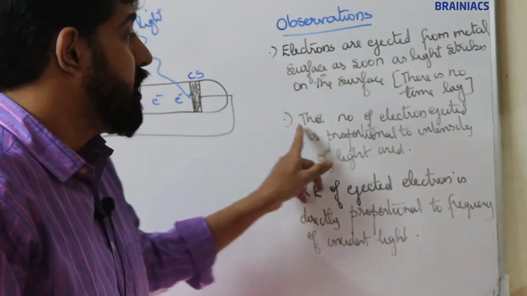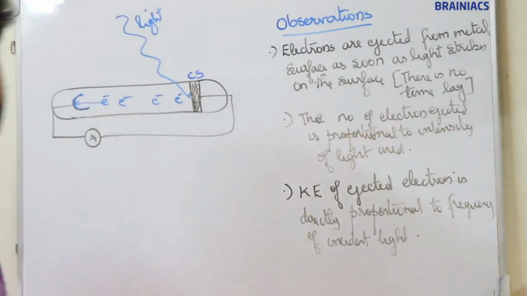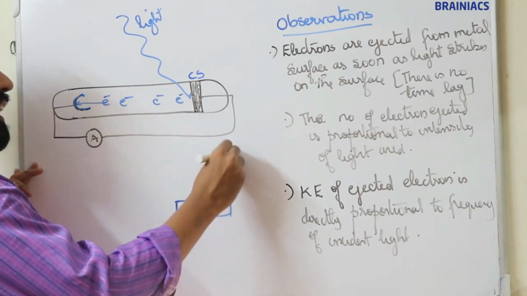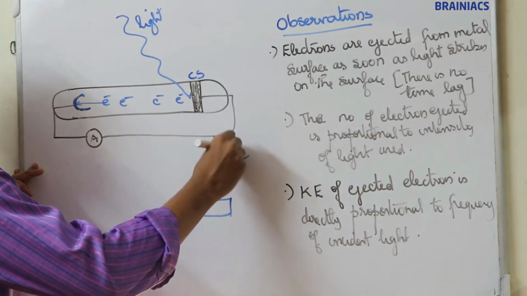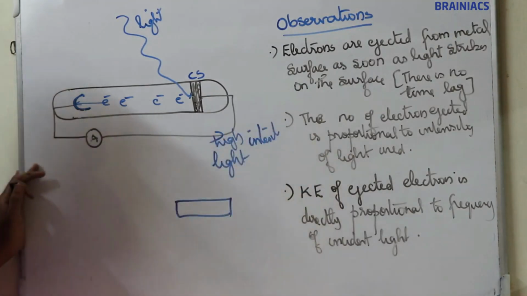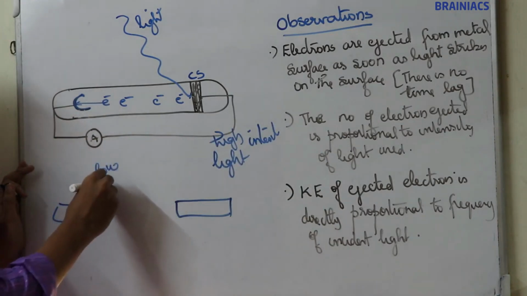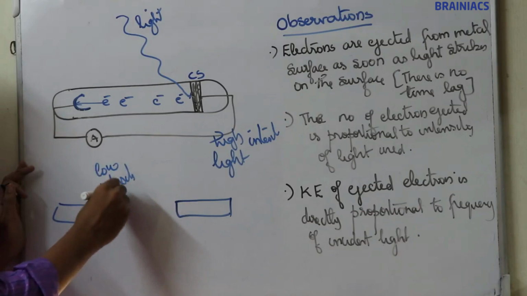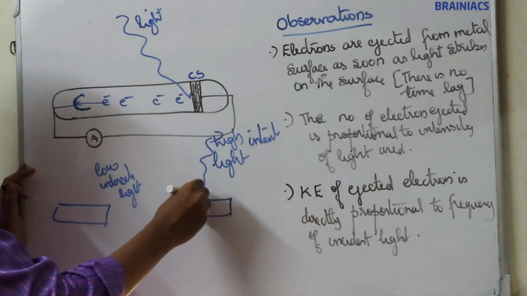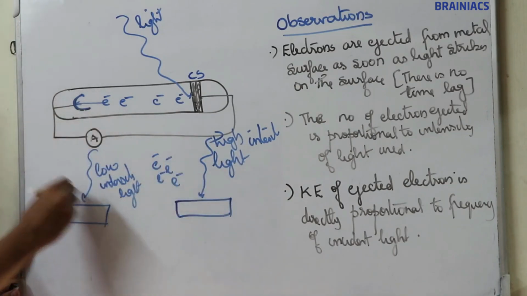Second observation: the number of electrons ejected is directly proportional to the intensity of light used. He used high intensity light and low intensity light. When he used high intensity light, the number of electrons ejected is more compared to low intensity light.